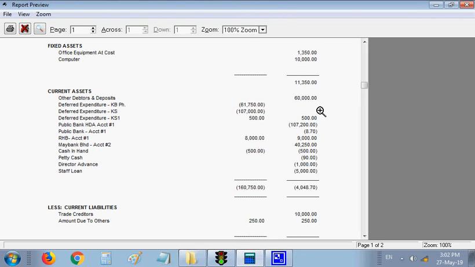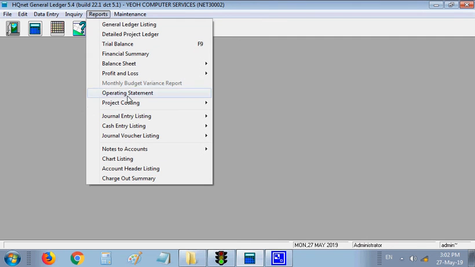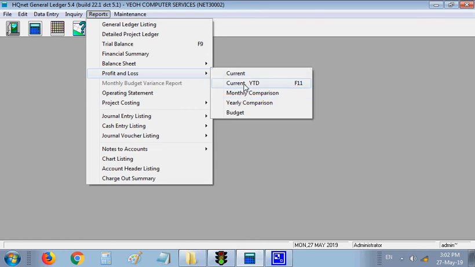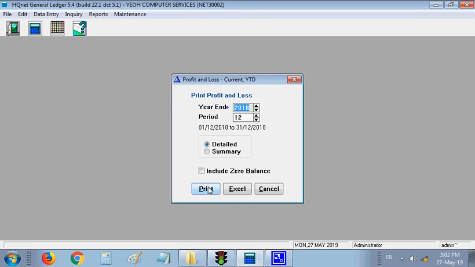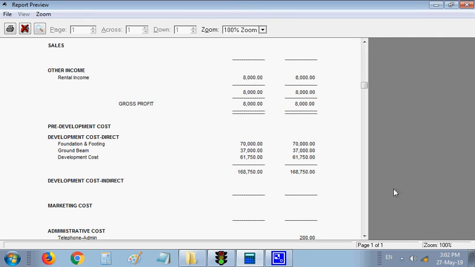Because I reversed 100% of the amount, it becomes 0. What happened? It will be shown in your profit and loss account. You can see 70,000 and 37,000. This was the previous method of transfer.